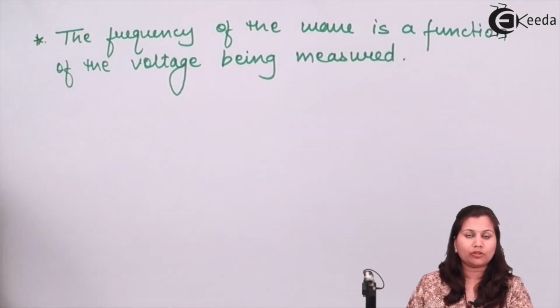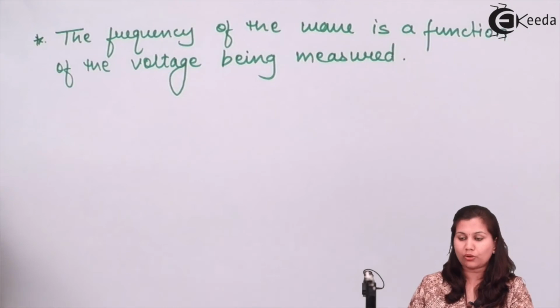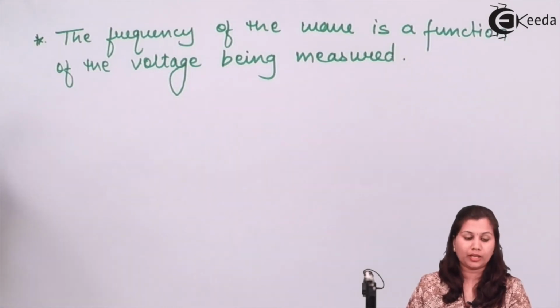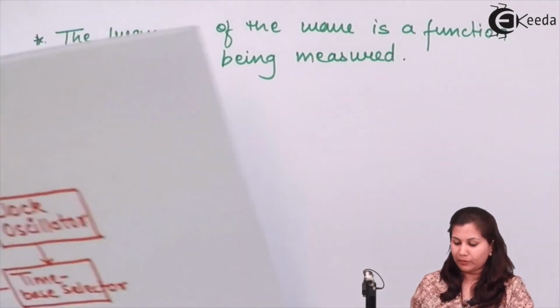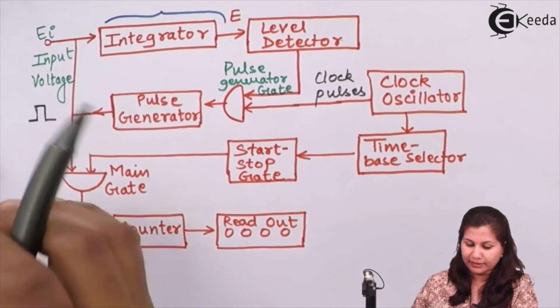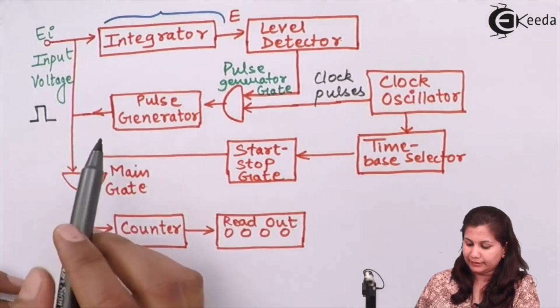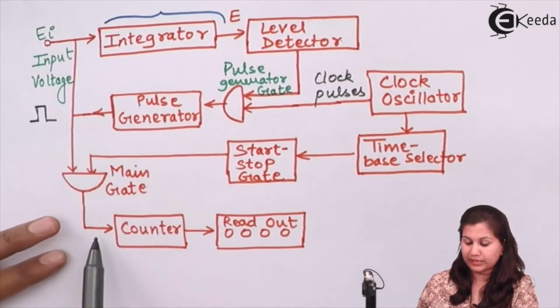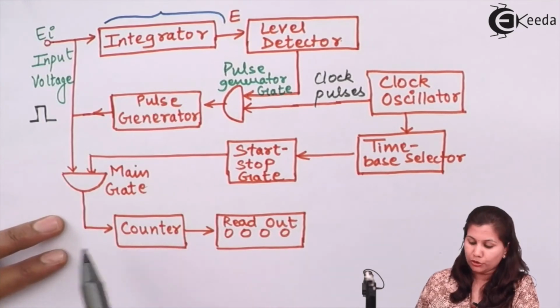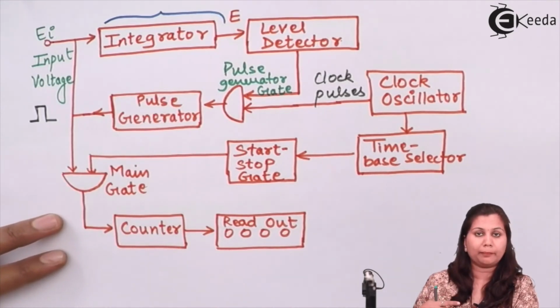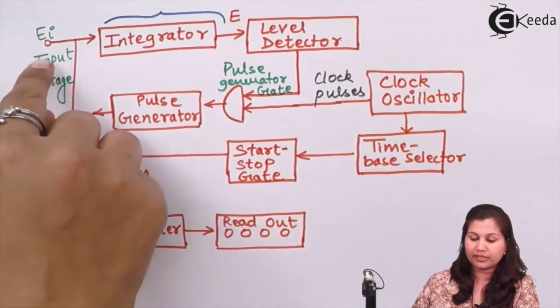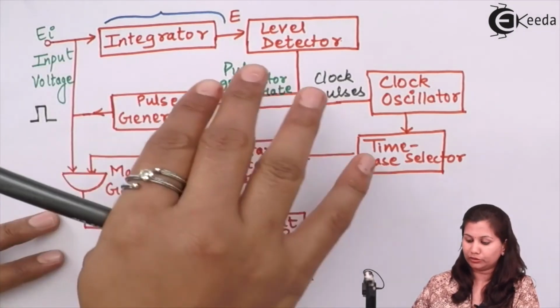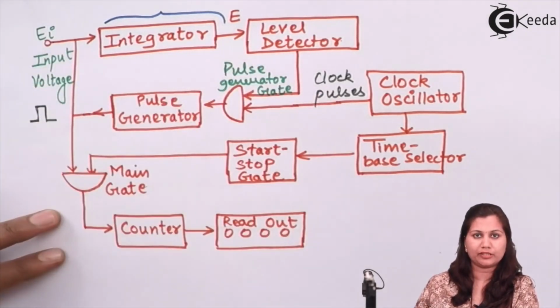So the frequency of the wave is a function of the voltage being measured, because every time one pulse will be generated by this pulse generator, and this will be counted by the counter. Every time the pulse will be generated when the input voltage magnitude will be equal to the reference value.